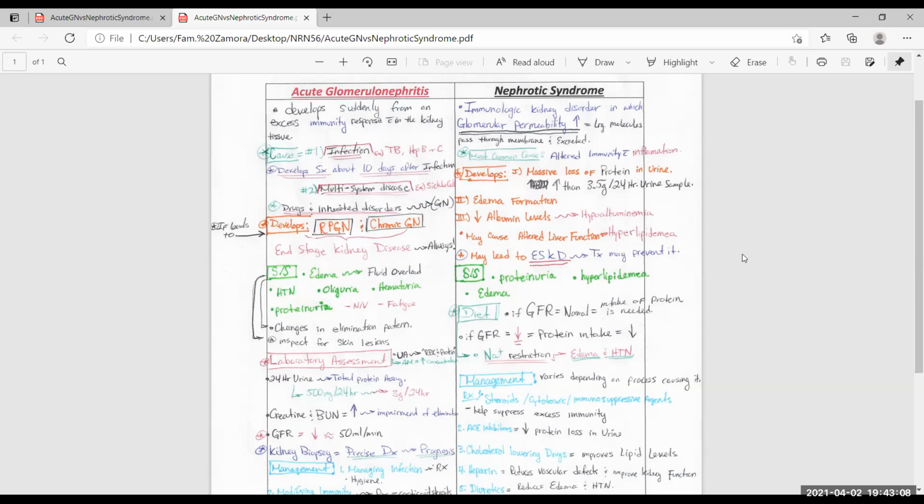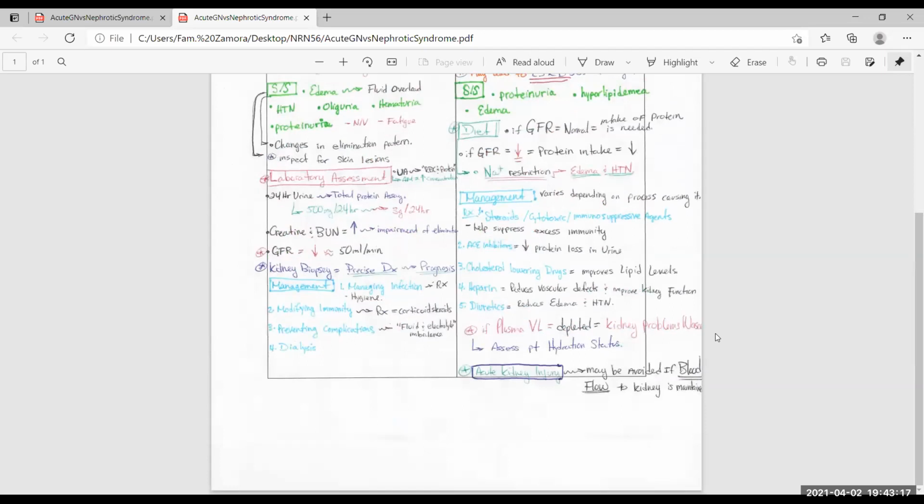By doing that, you should be helping with the edema and the hypertension. Management varies depending on the process that's causing it, from my understanding. But certain medications that we could use would be steroids, cytotoxic, immunosuppressive agents to help suppress excess immunity, or ACE inhibitors to decrease the protein loss in the urine.